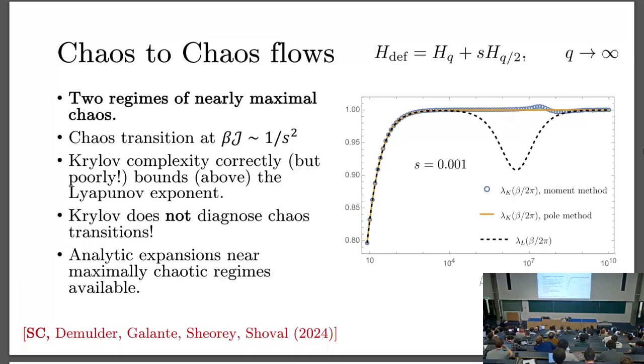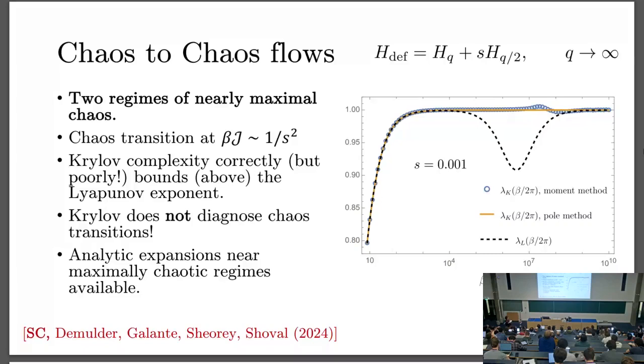So this is already a non-standard, interesting behavior that we are not used to seeing in large N strongly interacting theories. And you see that indeed this Lyapunov exponent is able to diagnose the transition between the two chaos regimes in this RG flow.